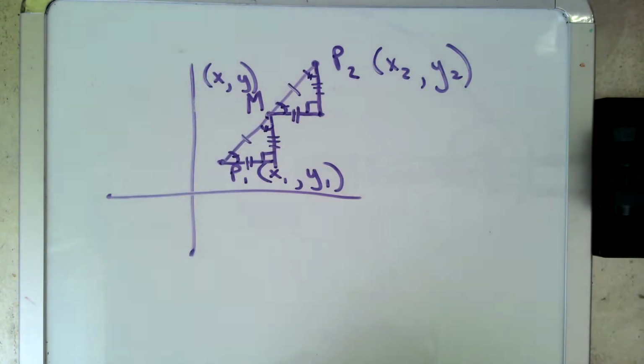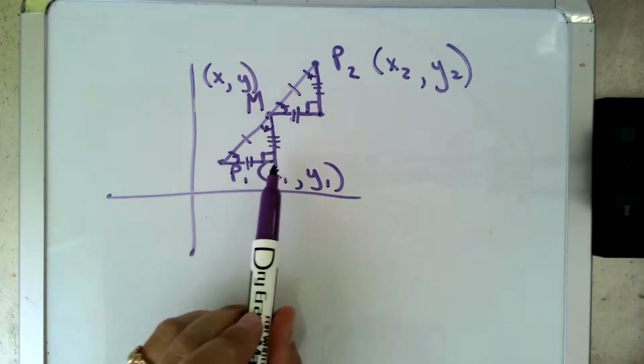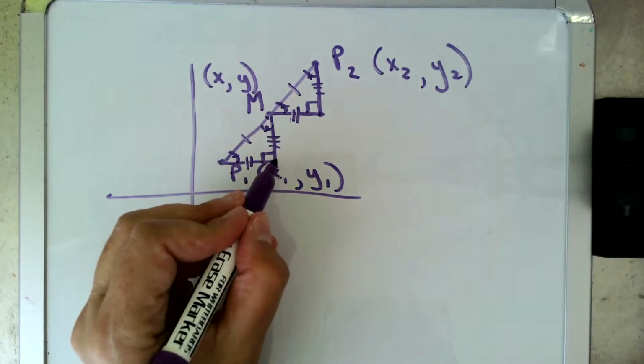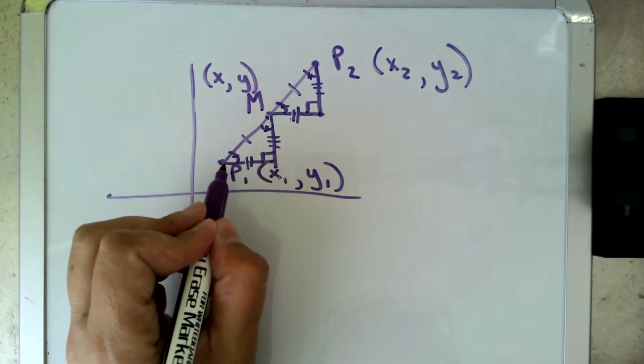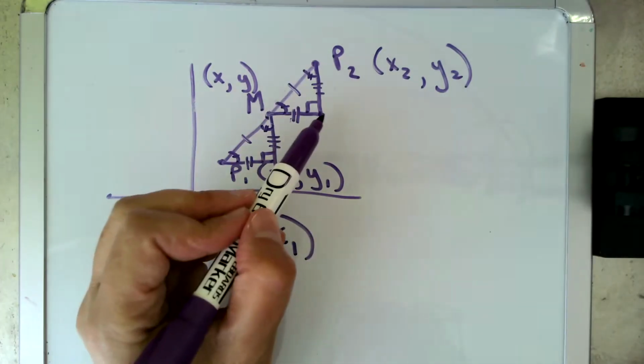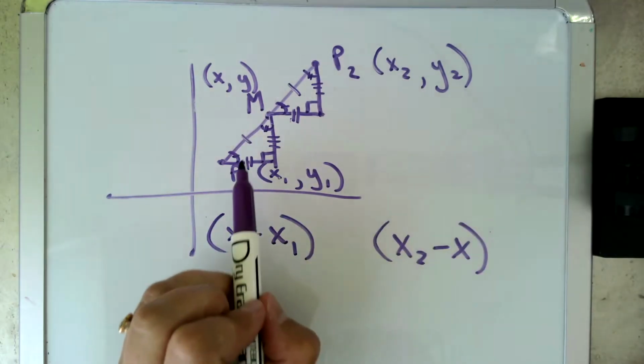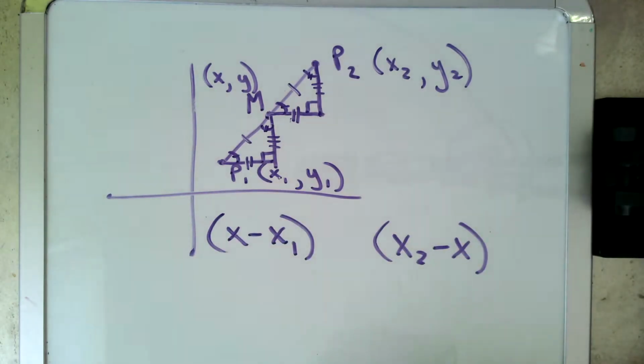So now I can set up some formulas. If I describe the length of this side as x minus x1, and I describe the length of this side as x2 minus x, and I've just established that those two lengths are equal to each other.